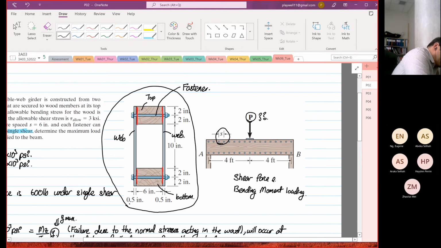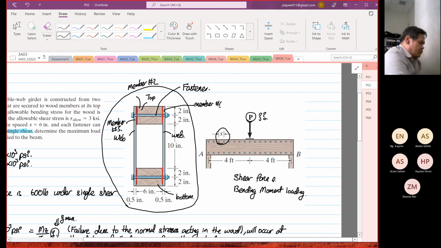And if you look at the members, you have member number 1, member number 2, and then you have member number 3.